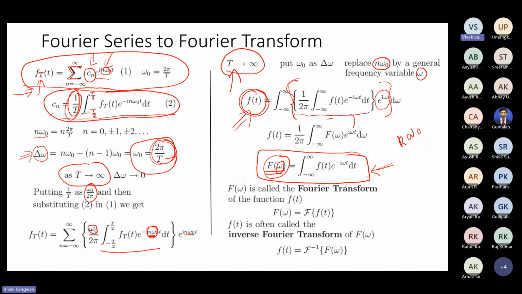But luckily for us, most signals will not have all possible frequencies. For some frequencies, this F(omega) will have very small magnitude. It will not be contributing significantly. And that is what we will exploit in our control design.